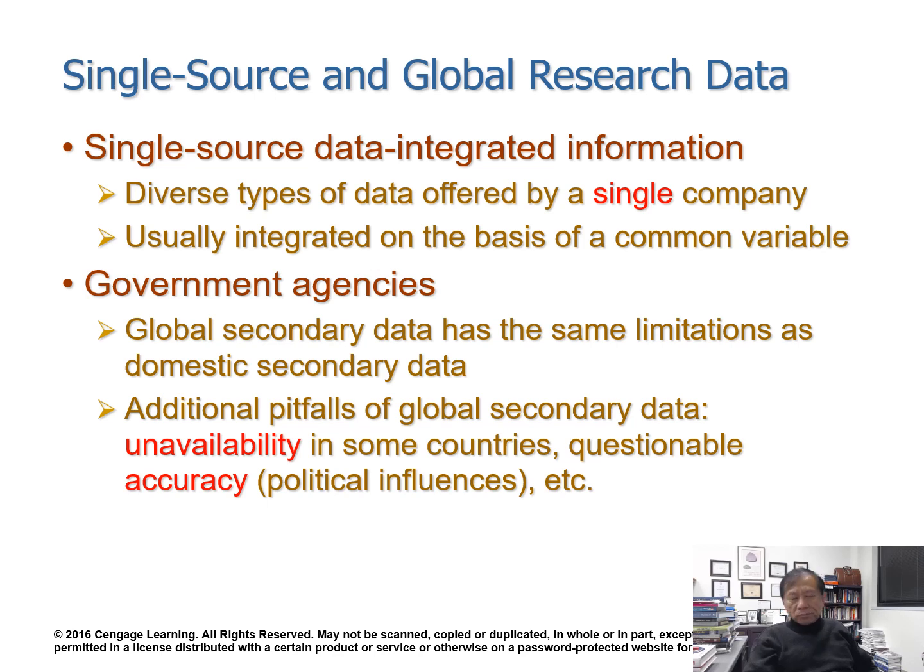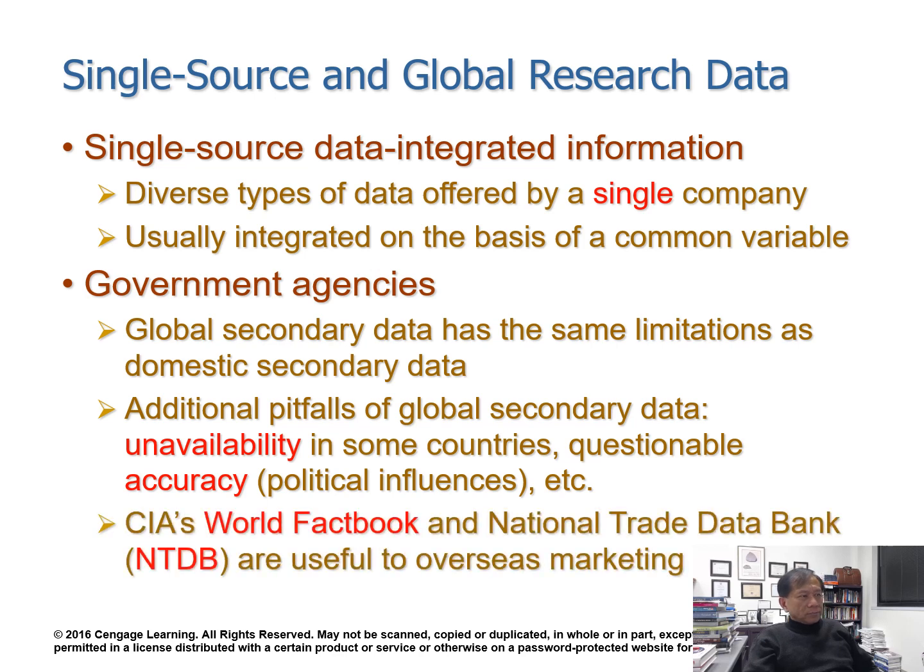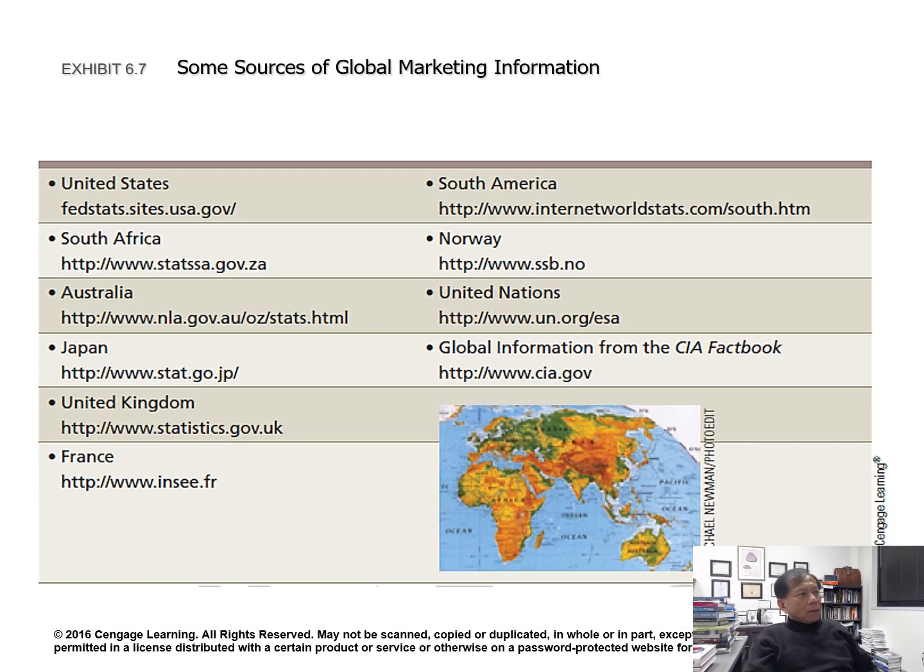Be on the lookout. The CIA World Factbook and National Trade Data Bank are useful for overseas marketing. If you want to do overseas marketing, consider those numbers and data from government agencies. Here are the websites for different countries. You can take a look.